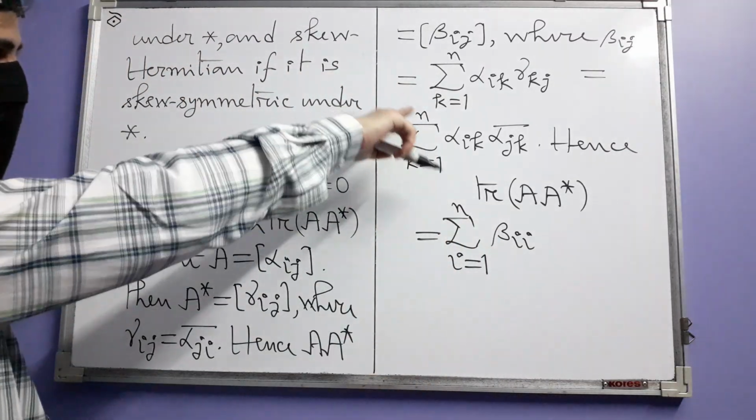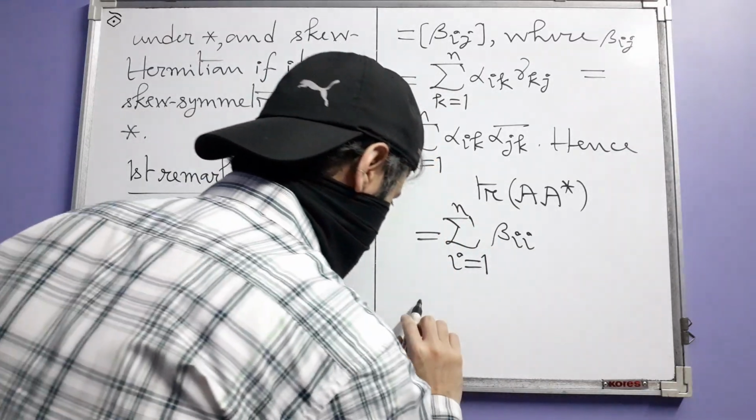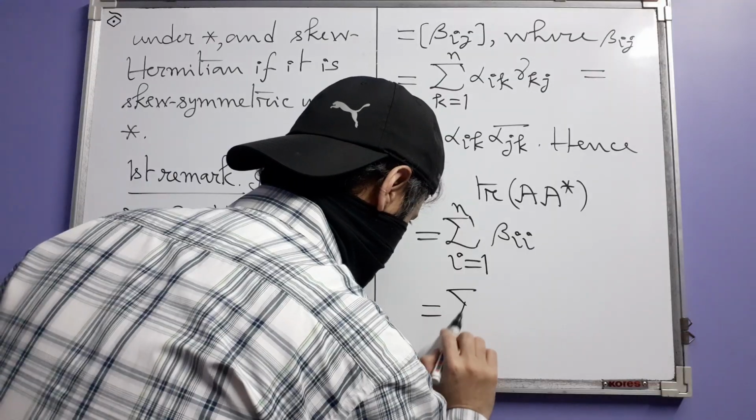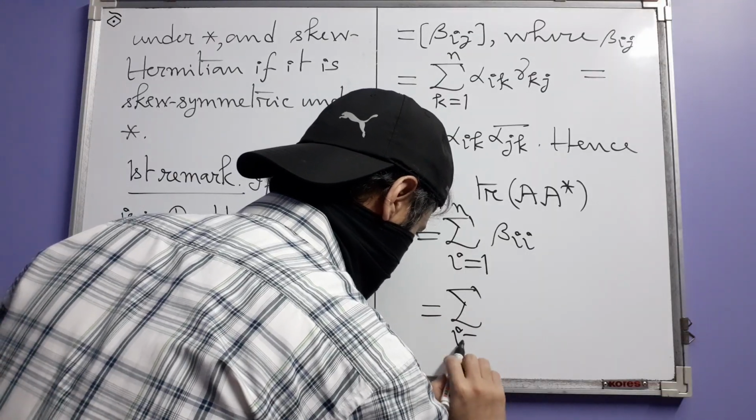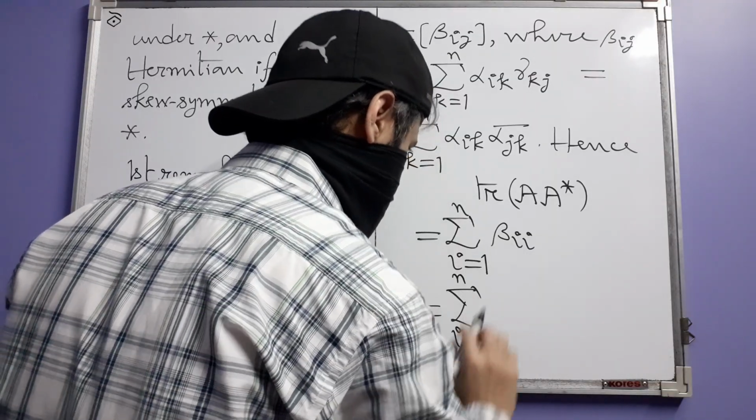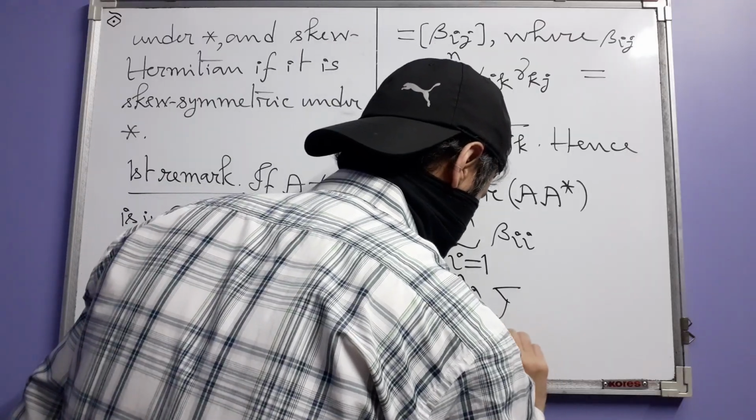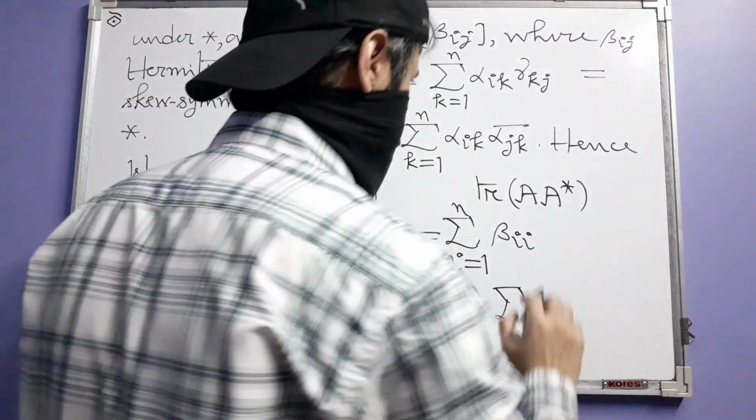Now let's write what beta ii is. So this is the outer sum and there is this inner sum. Beta ii itself is a sum.